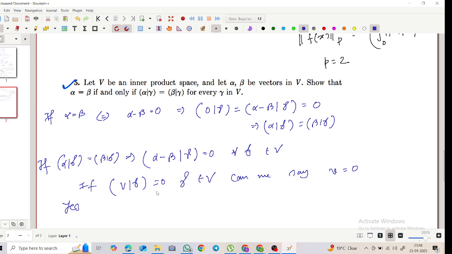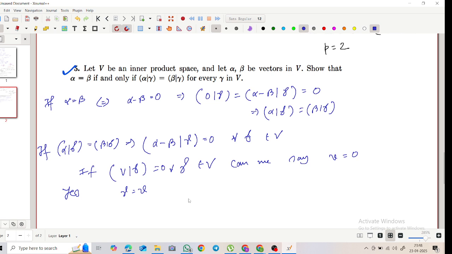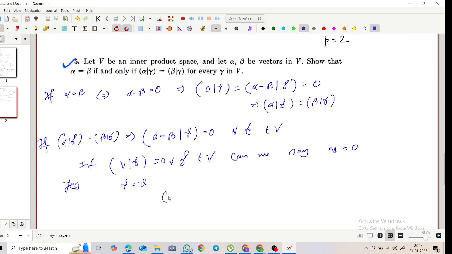How? This equation is true for all gamma, so you can choose gamma equal to V. Now you get V inner product V, which is 0, which implies norm V is 0. Now norm V is 0 if and only if V is 0. So this implies alpha minus beta is 0, which is alpha equals beta.